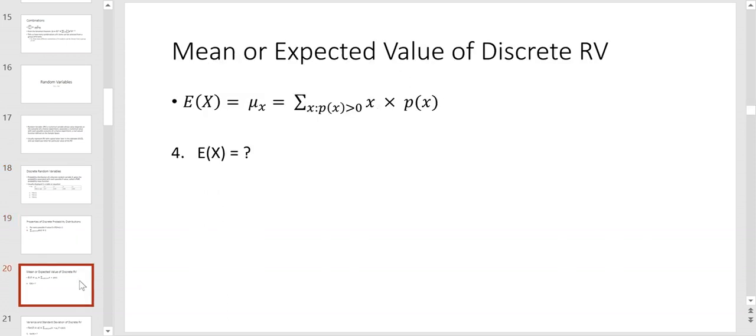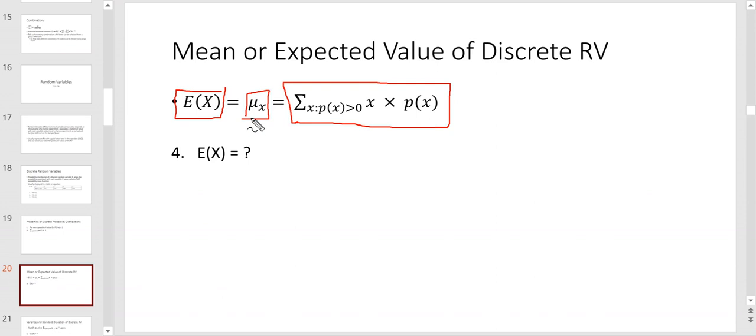Great. Moving along. We can talk about the mean or expected value of a random variable. For discrete random variables, the mean is defined as such. The notation, you will often see this in some textbooks or this in others. These are alternative notations and both have their merits, so I just use both.